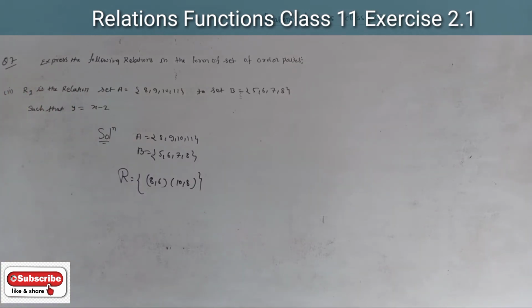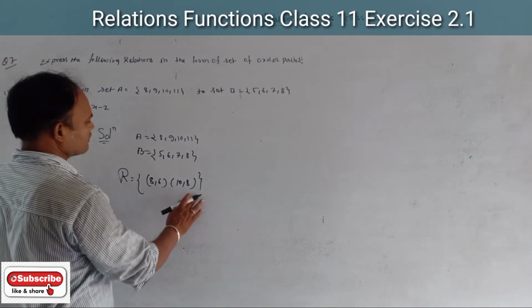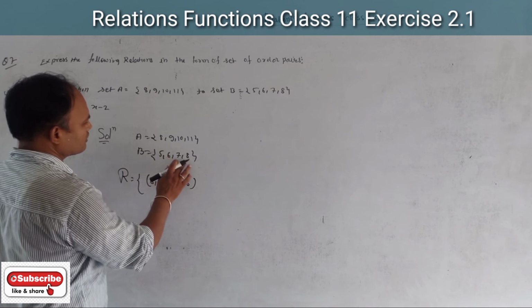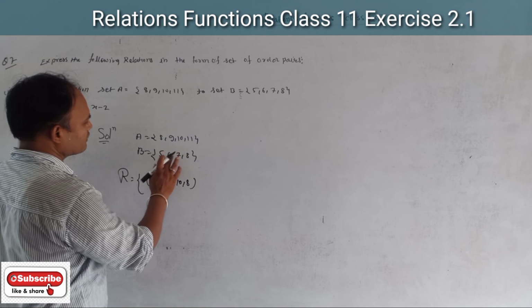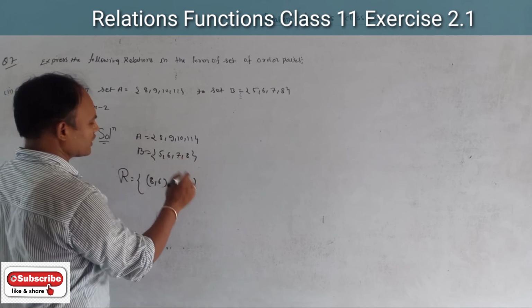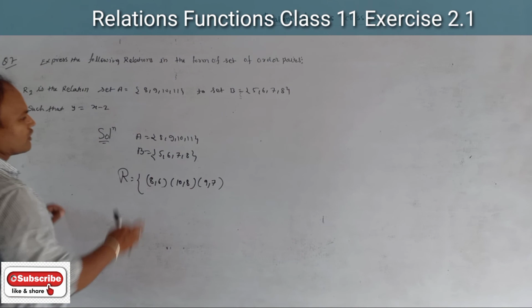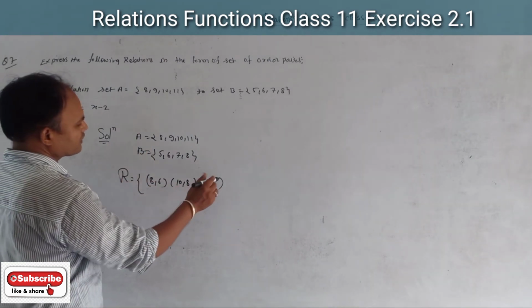So students, what is the R? When we are saying about R, there are only a few pairs. (8, 6) and, one more thing, (9, 7) is also there.